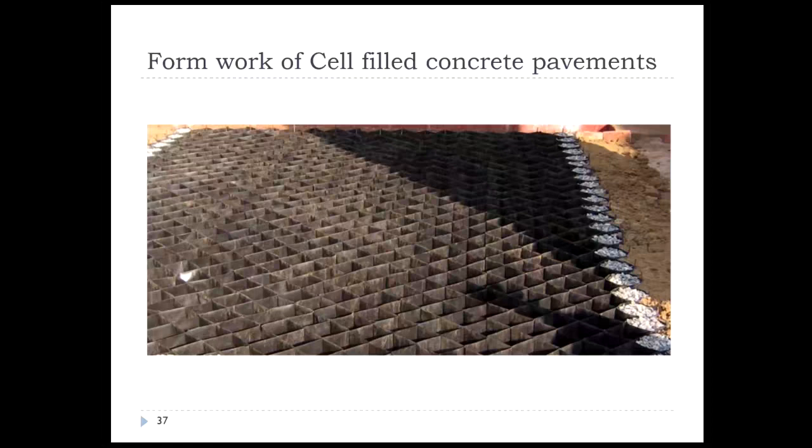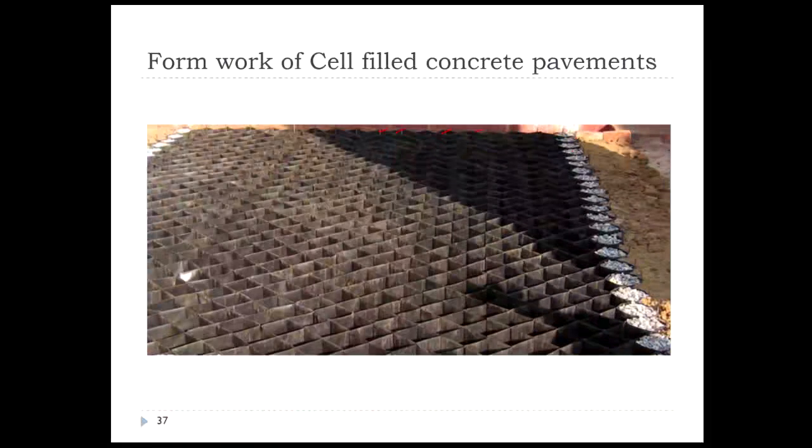Okay. Now this is how you construct this. You need to stretch the plastic sheet. The main advantage is that, when compared to conventional concrete, your thickness is much less. So you can have thicknesses of the order of 80 mm, 100 mm. Initially you stretch this and anchor it by means of nails.